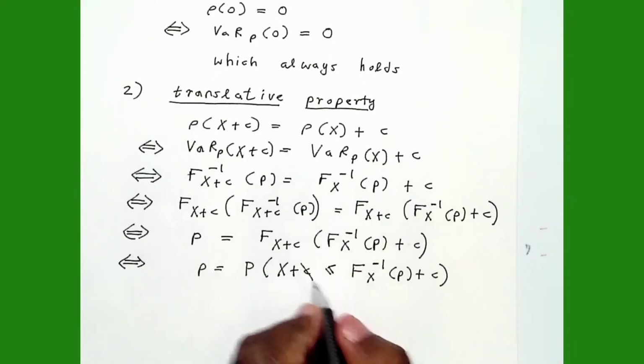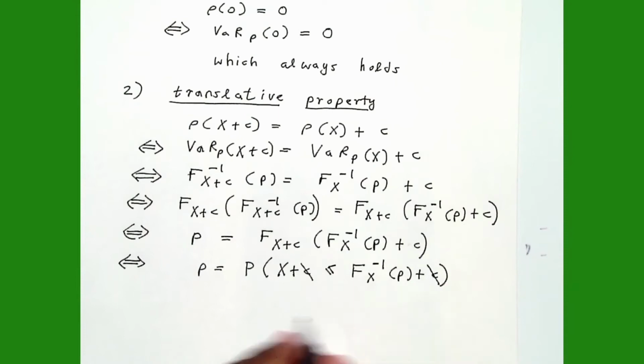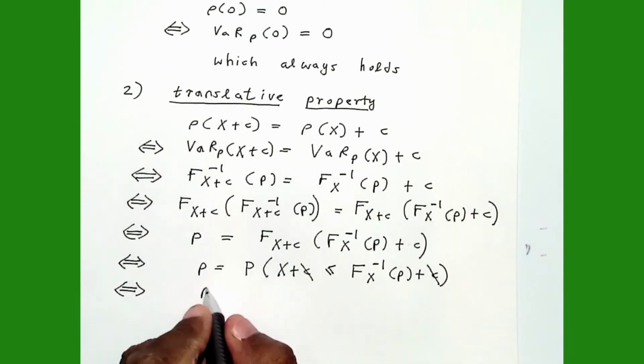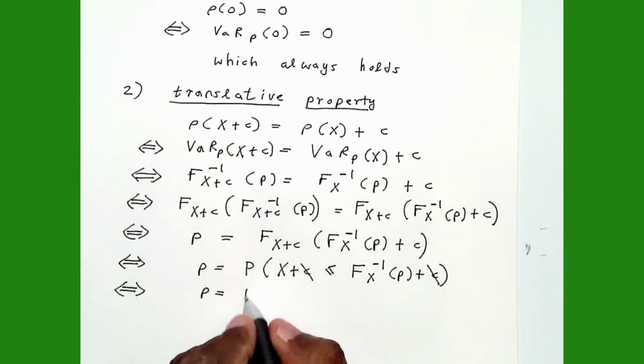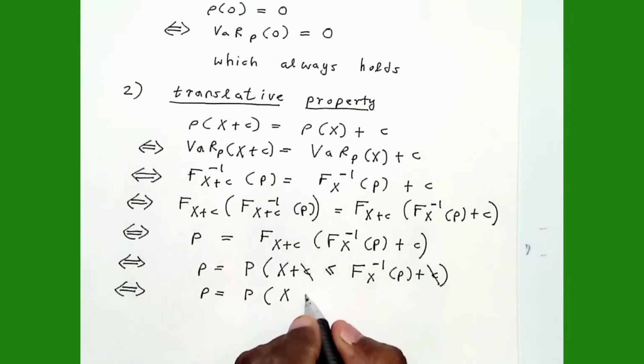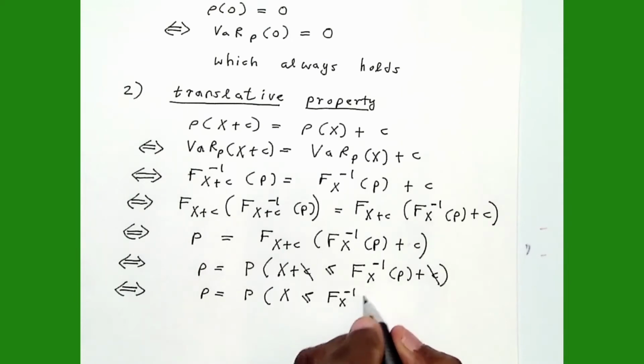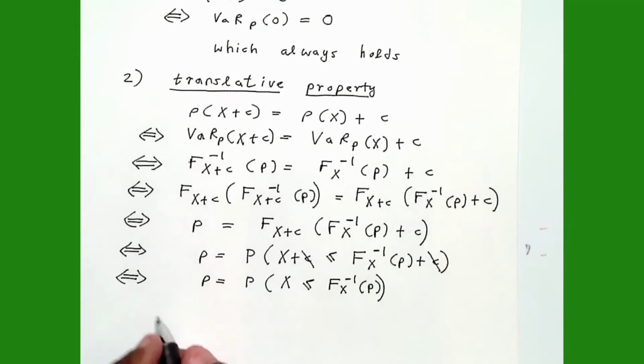Now the two c's cancel out, and this is equivalent to p.